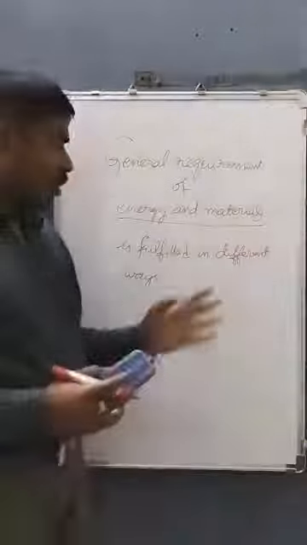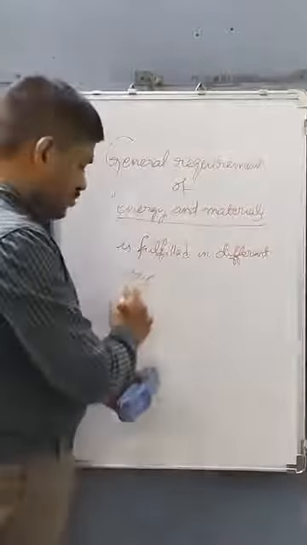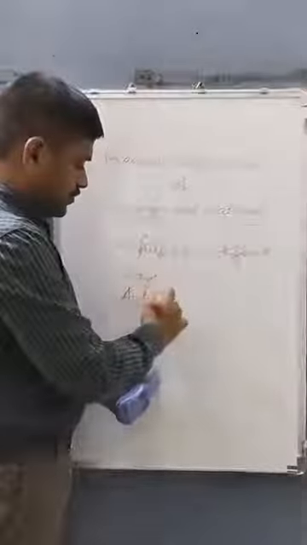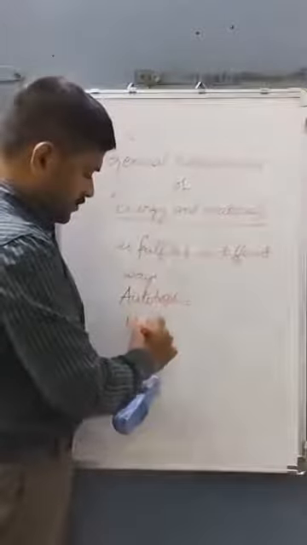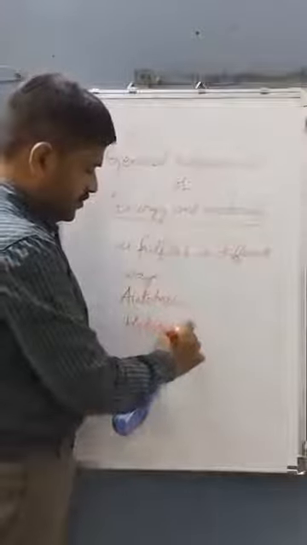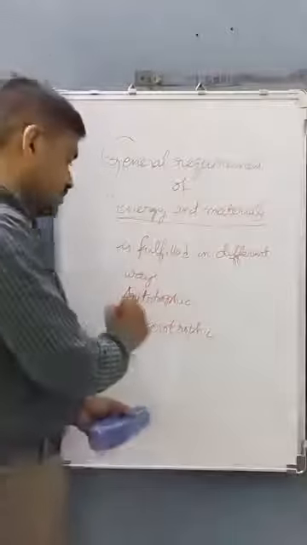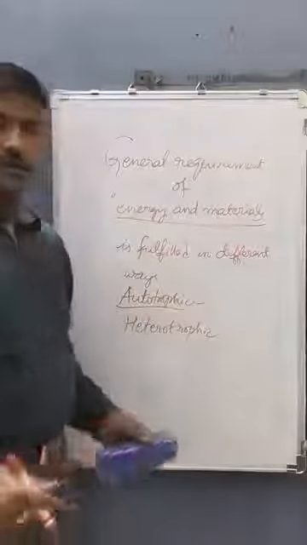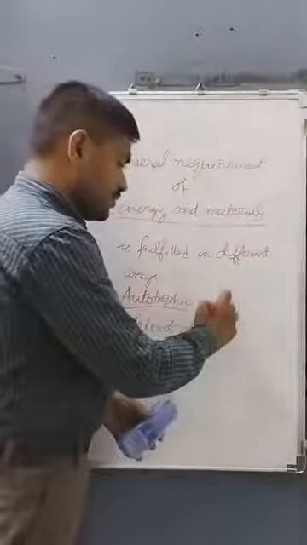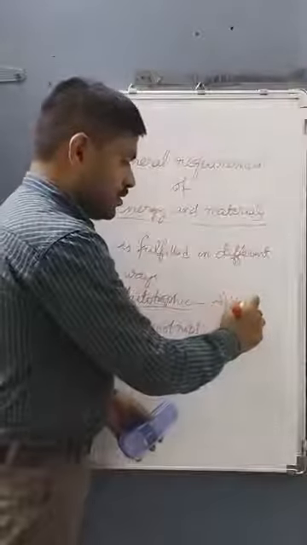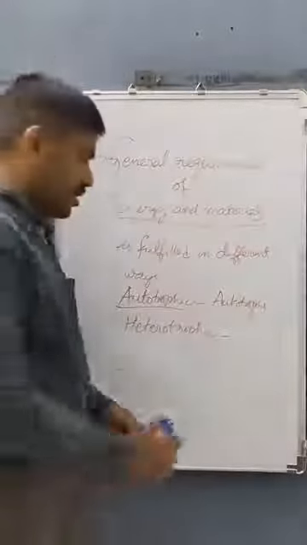And the broad ways are autotrophic nutrition and heterotrophic nutrition. The organisms that carry out autotrophic nutrition are called autotrophs, and the organisms that carry out heterotrophic nutrition are called heterotrophs.